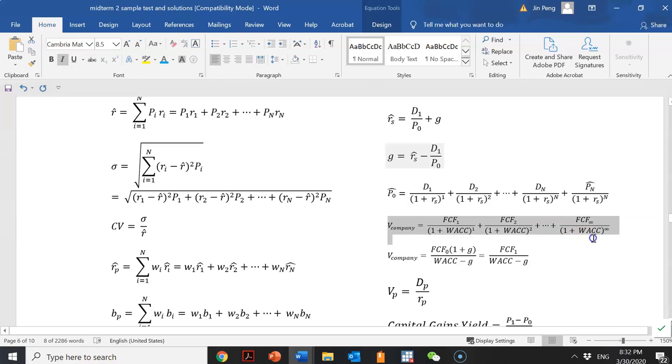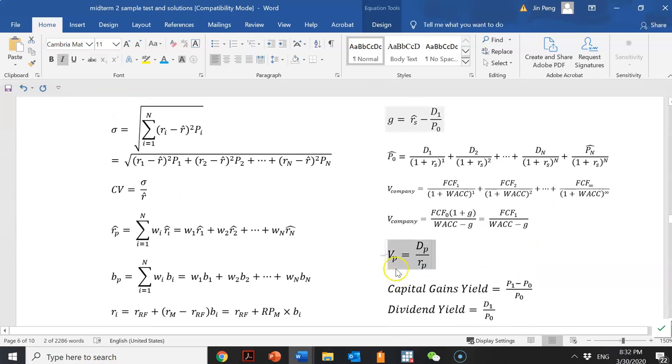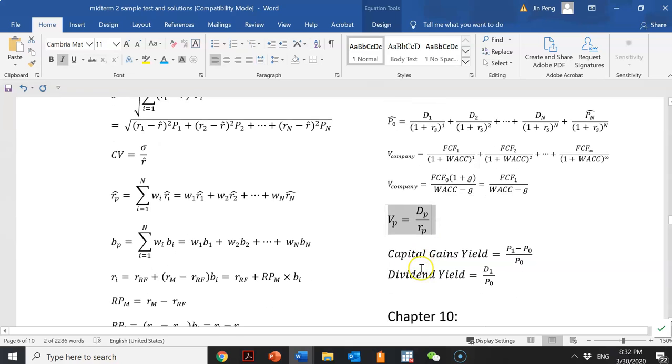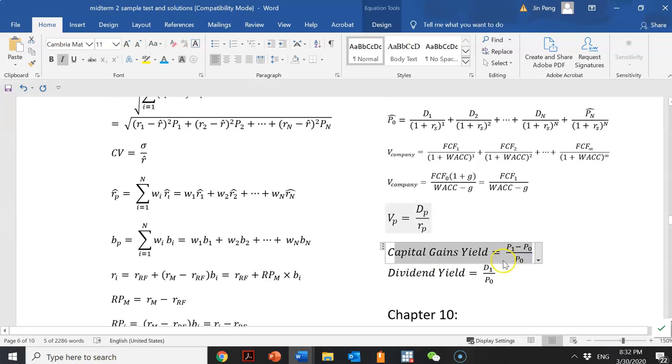Then we have the free cash flow model discounted to get the corporate valuation model. Constant growth model version: free cash flow 1 over WACC minus g equals value of the firm. Value of preferred stock equals dividend over return of the preferred stock. Capital gains yield is g, or P1 minus P0 over P0. Dividend yield is D1 over P0, and it's also R minus g in the constant growth model setting.